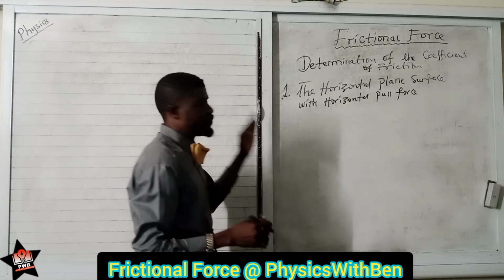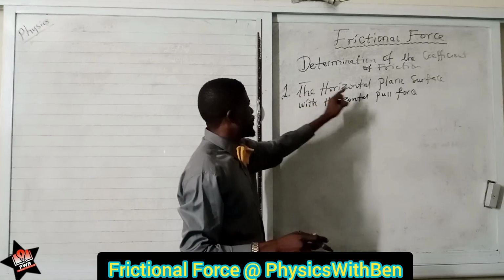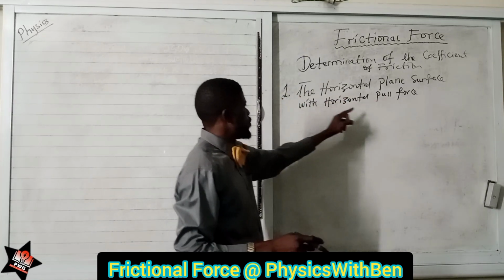I said there are 5 methods. So first off, we have the horizontal plane surface with horizontal pull force method.